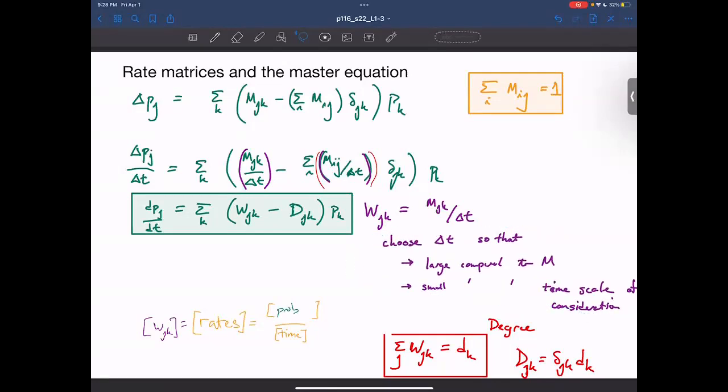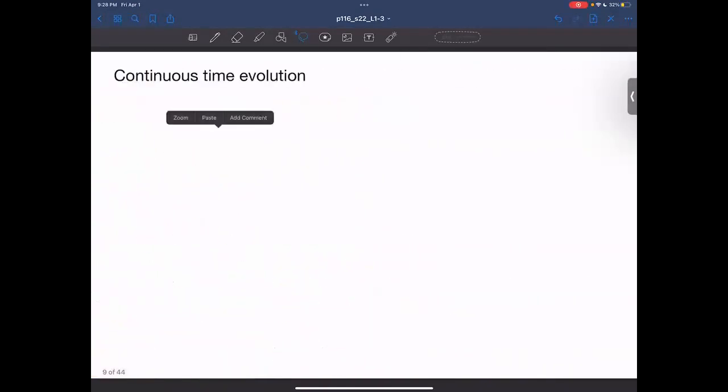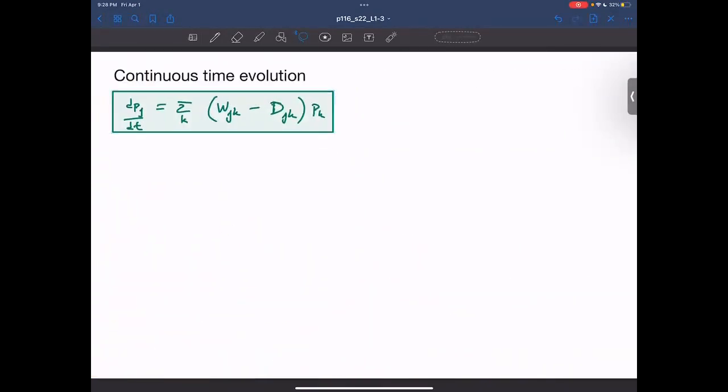All right, so with this equation in hand, we can proceed a little bit further and actually see a few more things that'll be interesting. The next thing we want to see is how to actually get out continuous time evolution. So we're going to simplify things with rather standard notation.